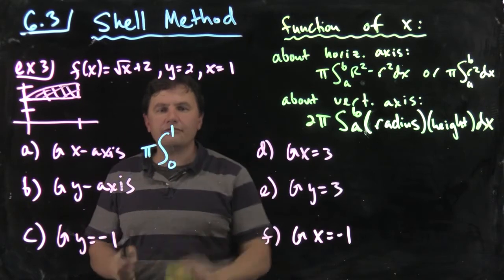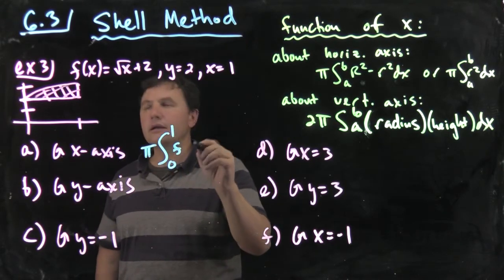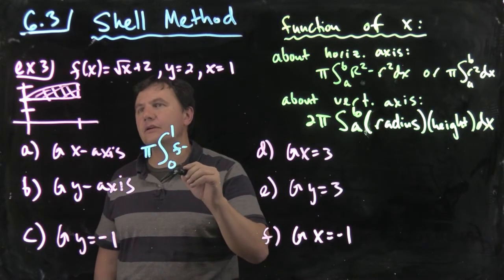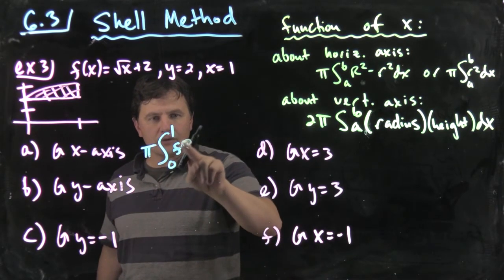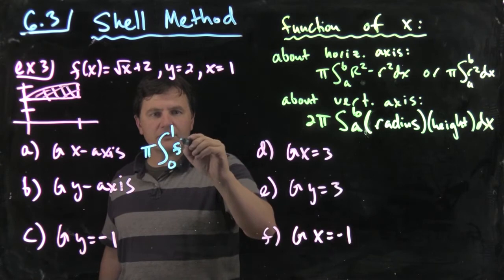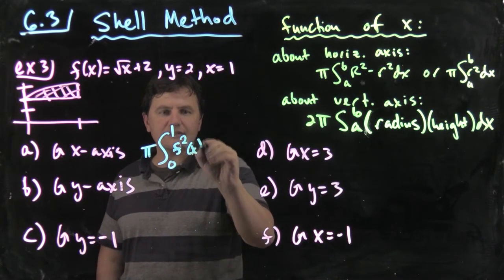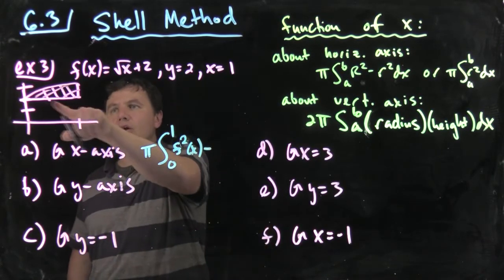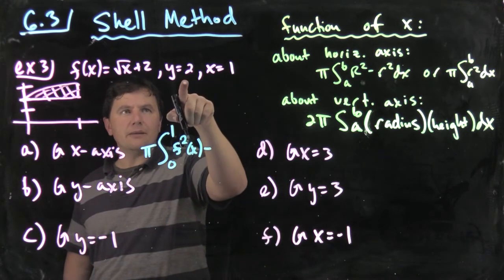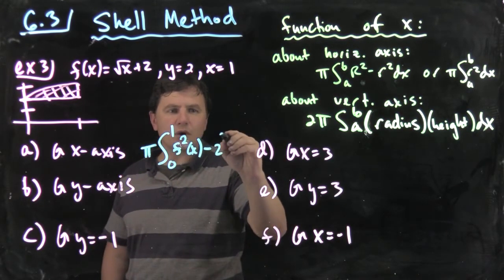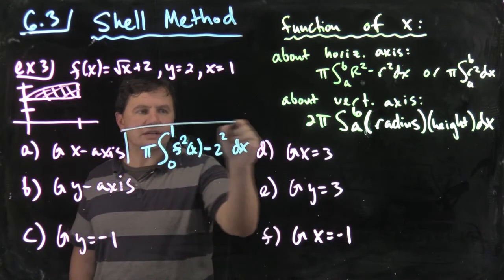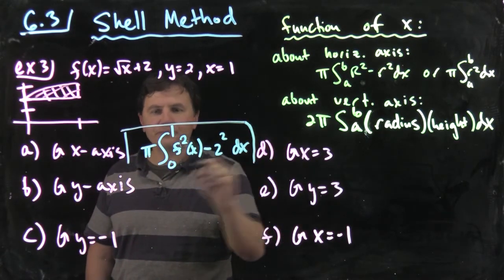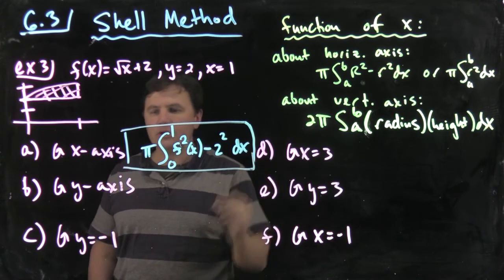Let's call this f squared of x, minus, and then our other function is the constant function 2, so that'll be 2 squared dx. If you want to call that 4, you can. It really isn't necessary. It is up to you.